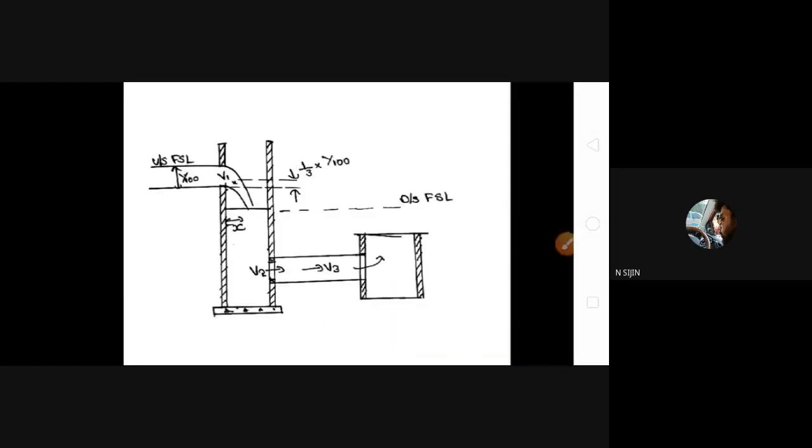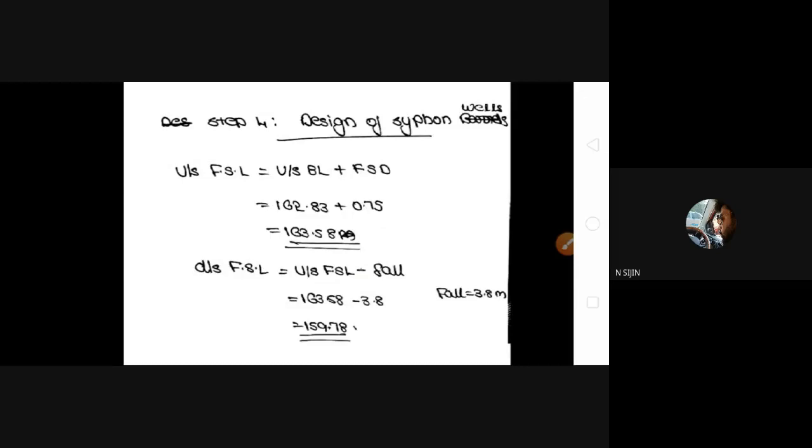That is the third step, head loss at different points. Then we can move on to step 4, that is design of siphon wells. Everyone write that down.